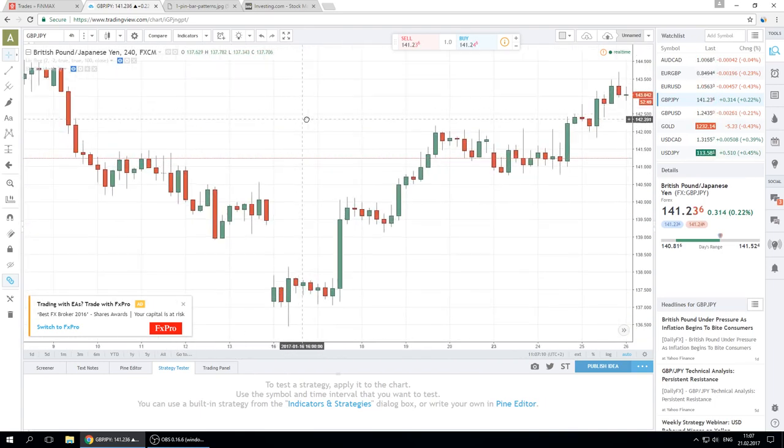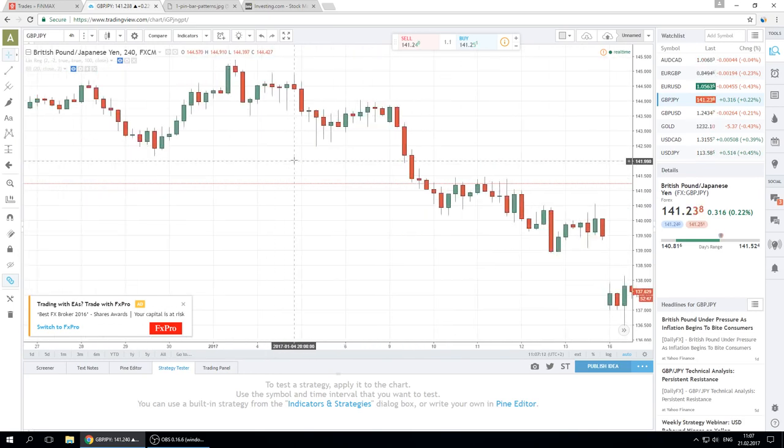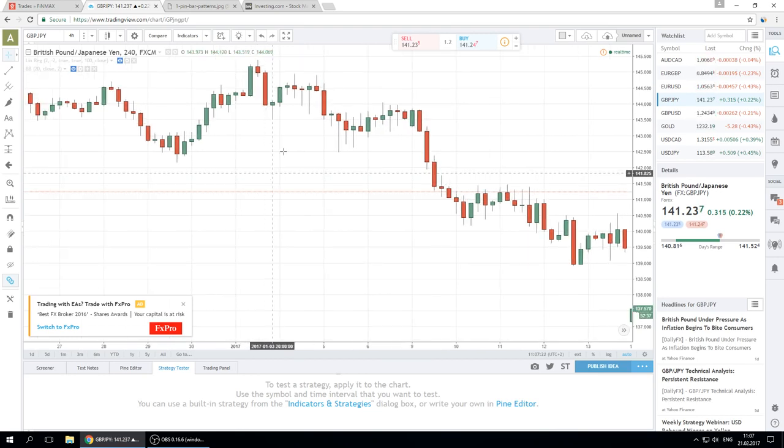So the best thing about this approach, this analysis, is that you don't need to install any indicators, and this pattern can easily be noticed in the market. So this candle can also be described as the pin bar pattern. We see here the price was going up.